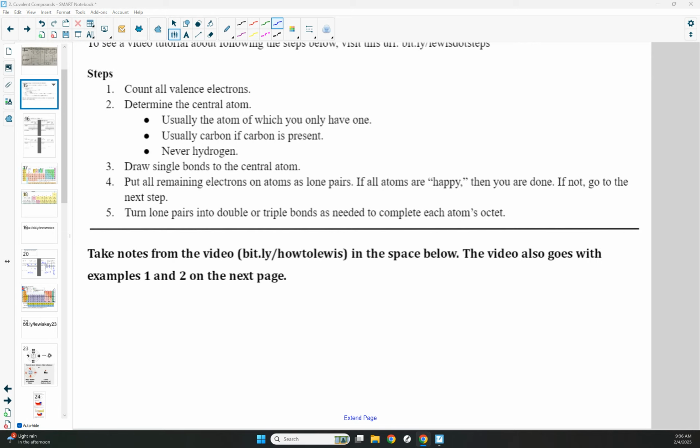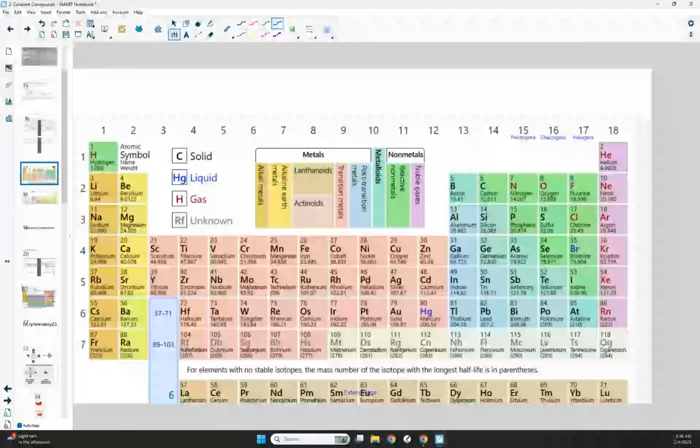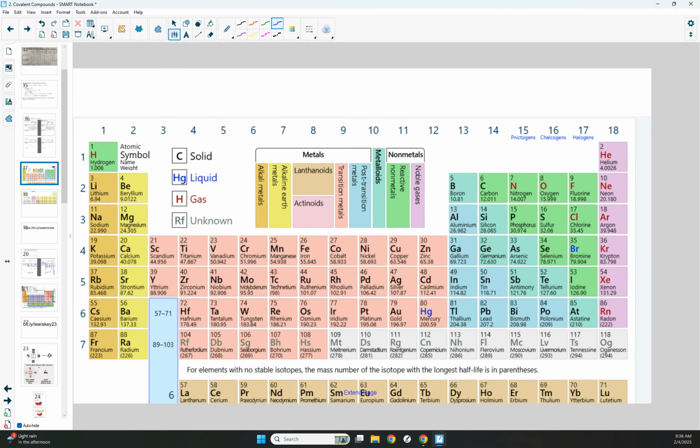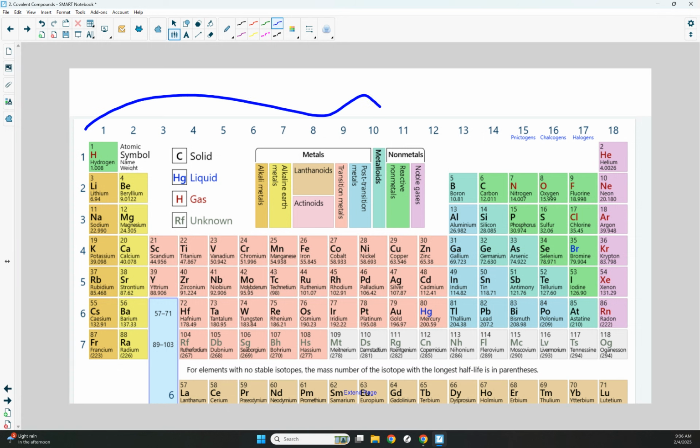First thing that we need to review is something we talked about in our last unit, which is valence electrons. So we're going to go to the periodic table. Across the top, we see all of these numbers, and these are the group numbers, you will recall, hopefully. By looking at the group numbers, we can tell how many valence electrons a particular column on the periodic table has.